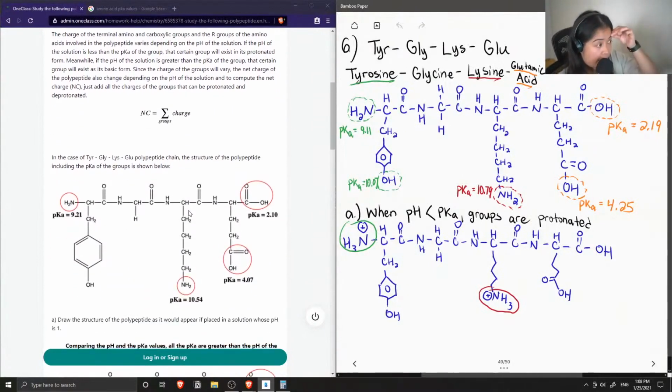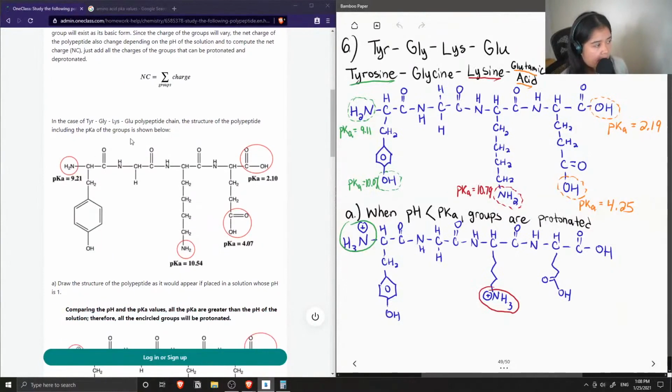So here they have, in the case of tyrosine, glycine, lysine, and glutamic acid polypeptide chain, the structure of the polypeptide, including the pKa of the groups, is shown below. Okay, so it's slightly different values, but it is around the same, so 9, 10, 4, and like 2.